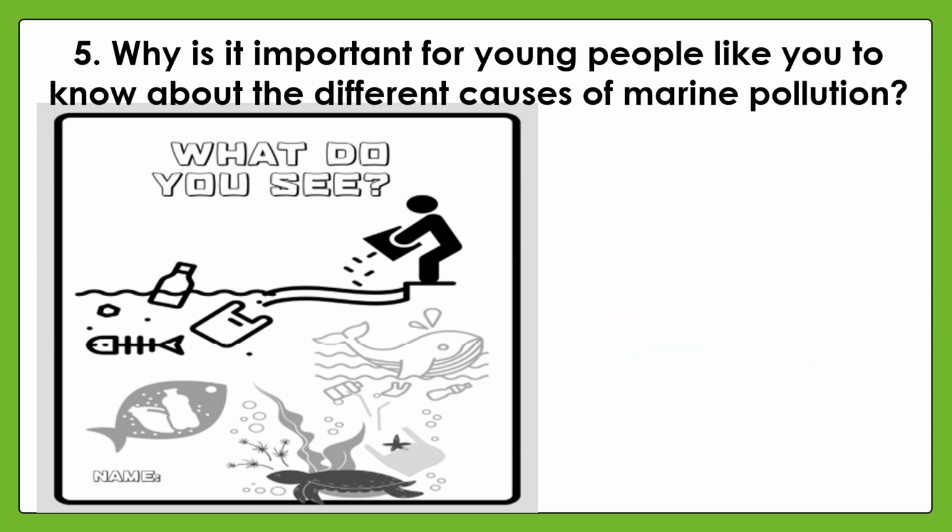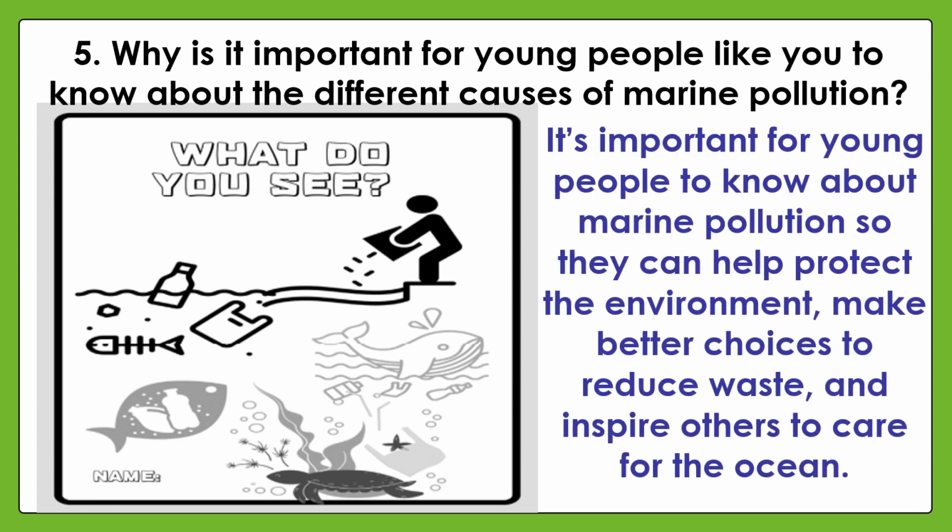Number 5, why is it important for young people like you to know about the different causes of marine pollution? It's important for young people to know about marine pollution so they can help protect the environment, make better choices to reduce waste, and inspire others to care for the ocean.